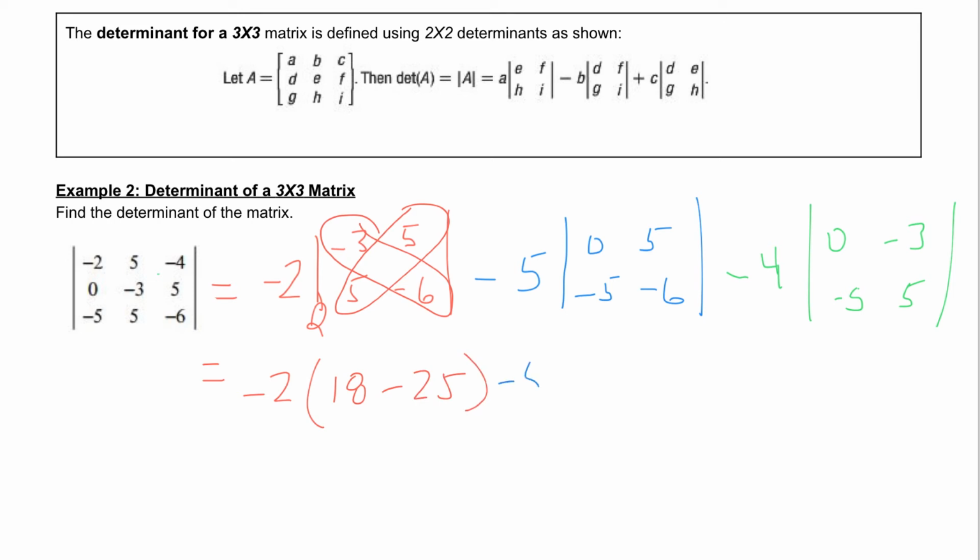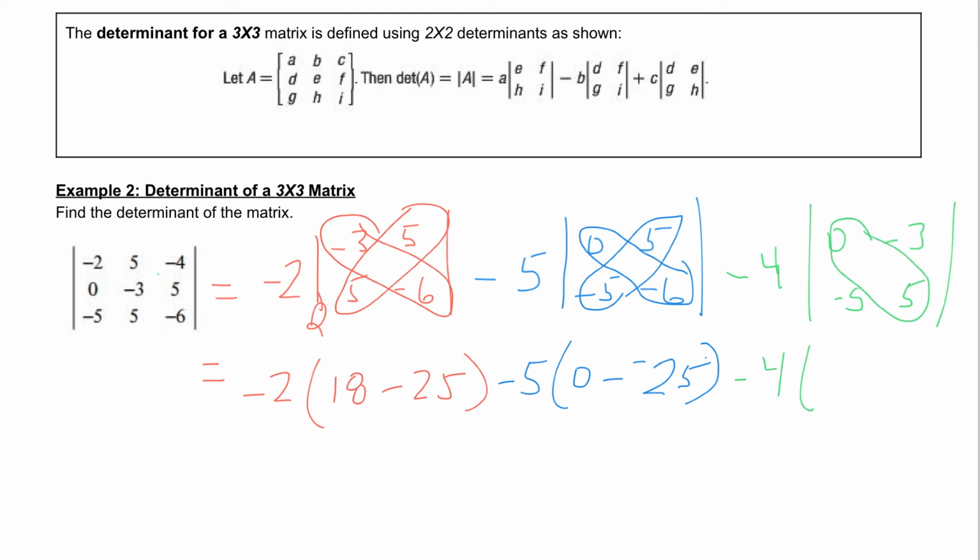Then I have -5 times, I'm taking the product of these two, so 0 times -6, which is 0, minus the product of these two, -5 times 5, which is -25. And then I'm going to subtract 4 times, I'm taking the product of these two, 0 times 5, which is 0, minus the product of these two, -5 times -3, which is 15.